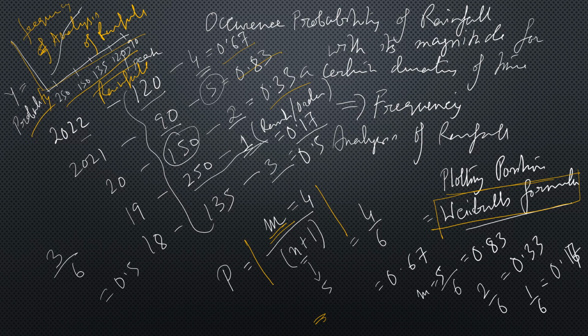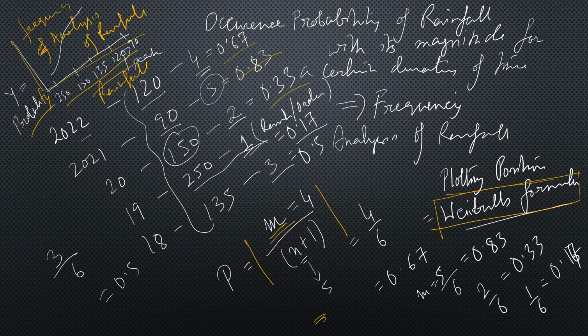You will be given a number of data points, or the number of peak rainfalls for a certain number of years. You arrange them in the descending order of magnitude and assign them ranks, where the highest rainfall will get the best rank, lowest rainfall will get the least rank. And then you apply Weibull's formula, P is equal to m by n plus 1.